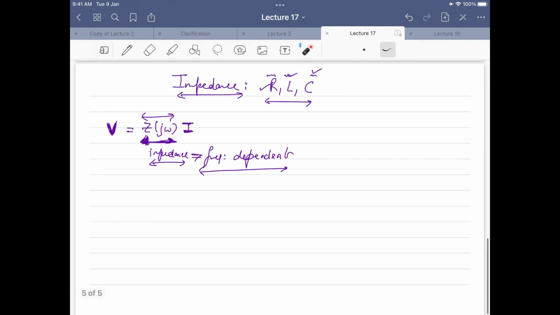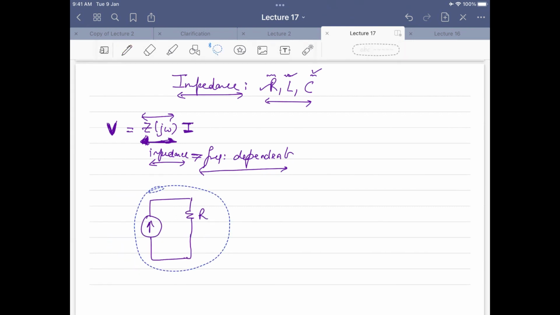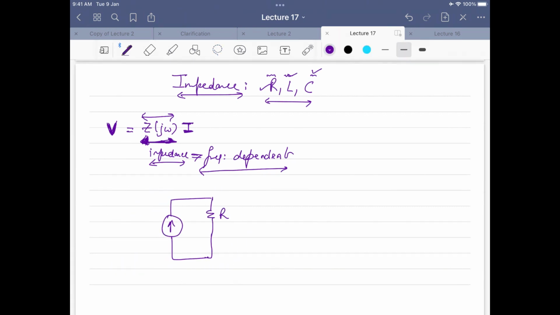So let us say you have a circuit which looks like this. This is the resistor, this is the current which you have here, and the current i(t) is nothing but capital I_R e^(j(omega t plus theta)).